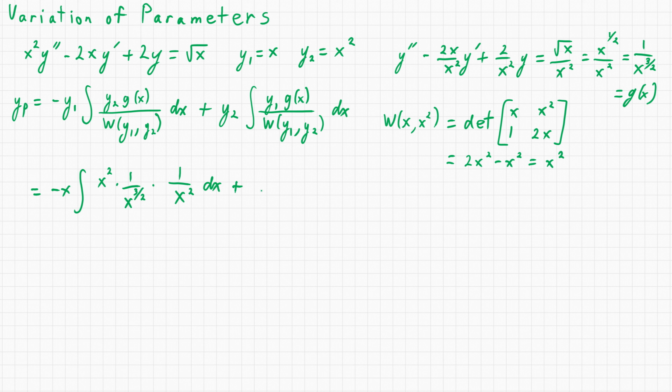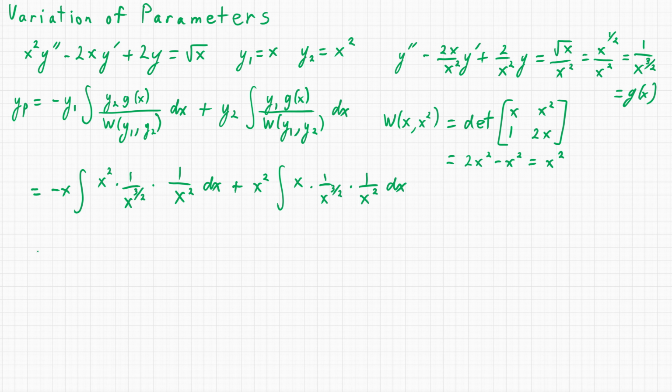Then I've got a plus y2, that's x squared, and I've got an indefinite integral. I have y1 times g of x, so y1, that was x, g of x, again that's 1 over x to the 3/2, and then times 1 over the Wronskian, 1 over x squared, dx.